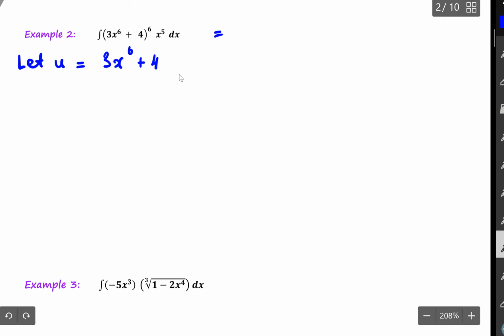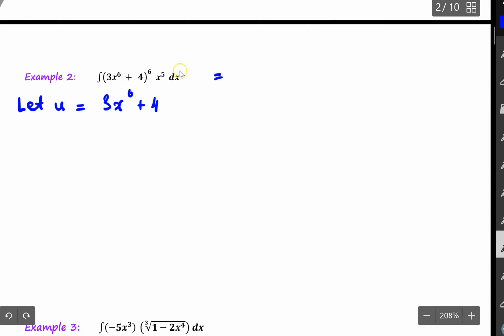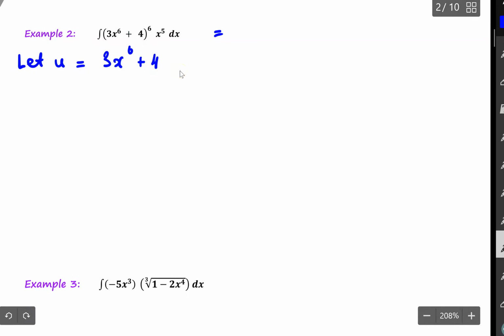Okay, so I'm using the substitution method. So at the same time, I am going to write my integral of u to the exponent 6. And I'm going to have a box right here with a question mark because I need to have the du in here somehow.